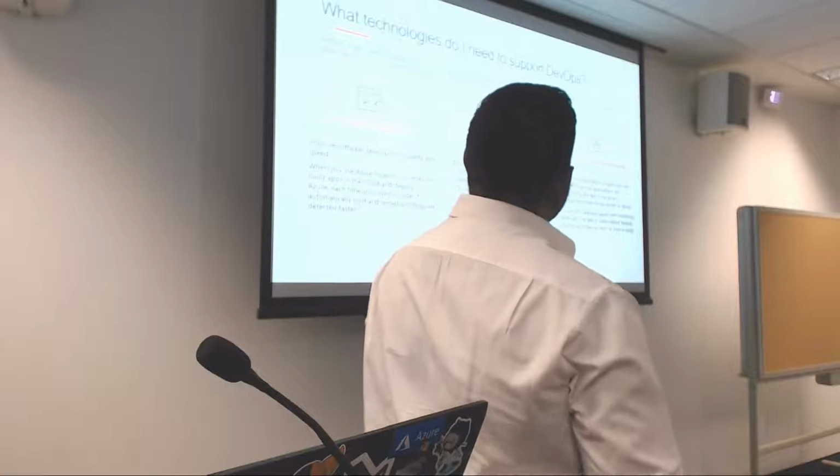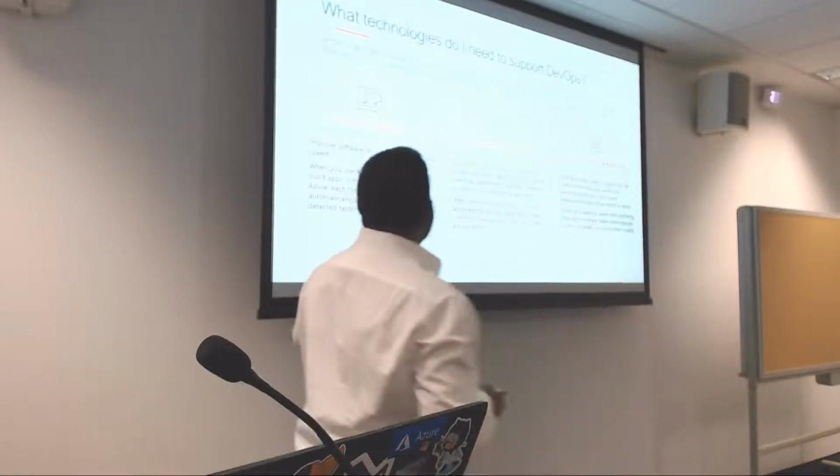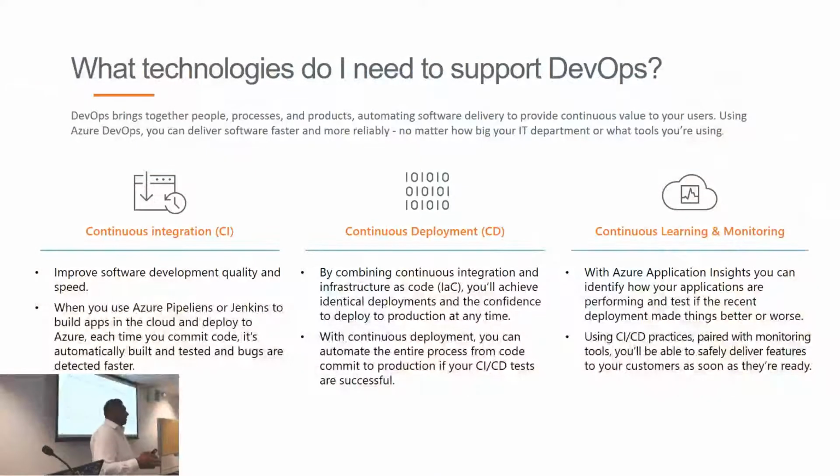So what are the technologies that you need to support DevOps? You need some sort of mechanism to do continuous integration. In very simple terms, continuous integration is a mechanism of bringing multiple scripts, multiple things that need to be built into deployment together initially. It depends on what you're doing. For a customer that I was working with last week, the continuous integration part was where we destroyed resource groups and recreated the resource group, just an empty resource group.